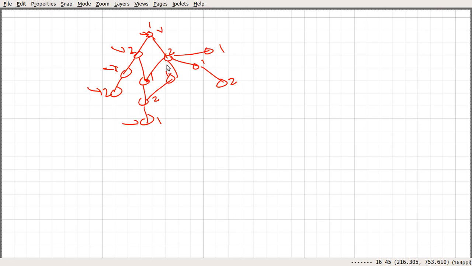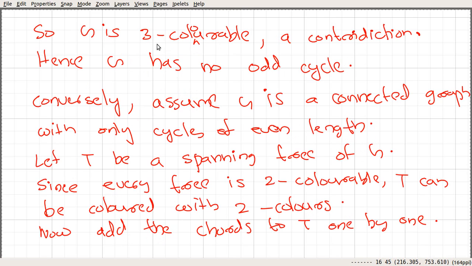So when we add an edge, we always get the situation where both the end vertices will have opposite colors, and the reason is we are assuming that the graph has only even cycles. So now add the chords to T one by one until we get this G back.